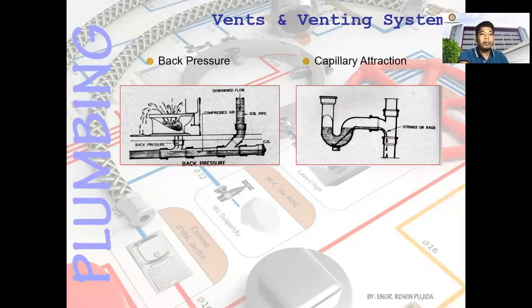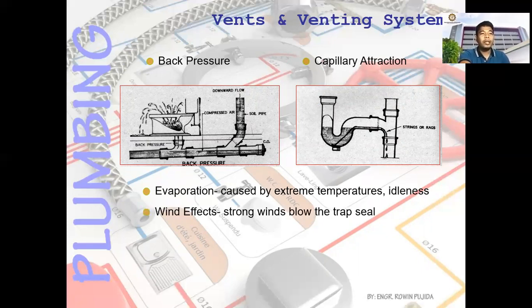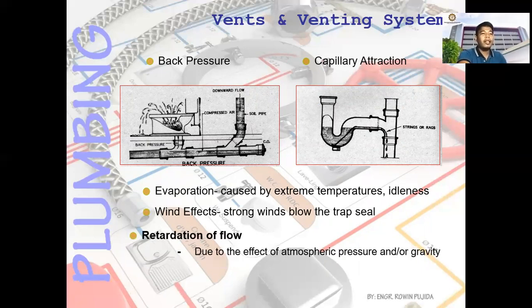Then you have the capillary attraction, evaporation caused by extreme temperature or idleness, the wind effect, strong winds below the trap seal, and then the retardation of flow due to the effect of atmospheric pressure and or the gravity. And another is the deterioration of materials due to the formation of acids in the pipes.